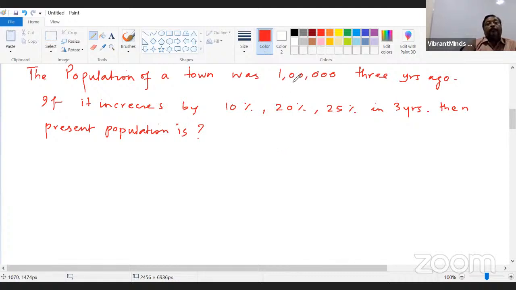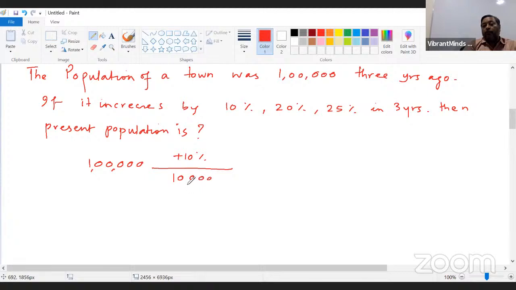Now see, we can do it in many ways. First we will look at 1 lakh or 100,000. A 10% increase means removing one 0, and we get 10,000.